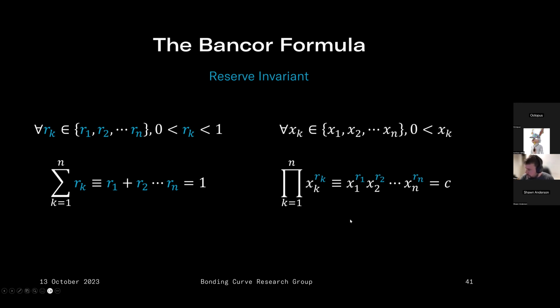For the reserve invariant component, all we're saying is that all of the token balances inside a liquidity pool must be positive numbers. They can never be 0. I think this is self-evident. We know from our familiarity with the constant product curve that it is asymptotic at the x and y axis, meaning you can never actually drive a token balance to zero.